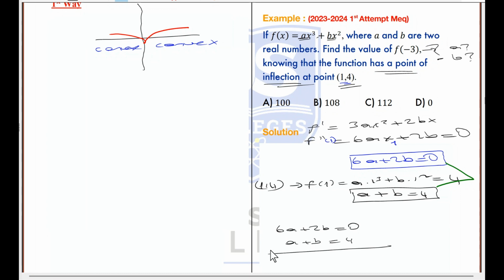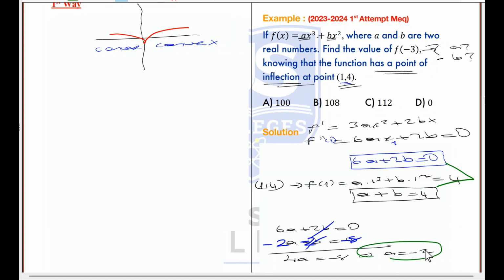To eliminate one of the variables, we have to multiply the second equation by either -6 or -2, depending on the variable you want to eliminate. If you want to eliminate b, you have to multiply the second equation by -2, right? In this case, 2b and -2b will cancel each other. You'll have 4a equals -8, then a is equal to -2.